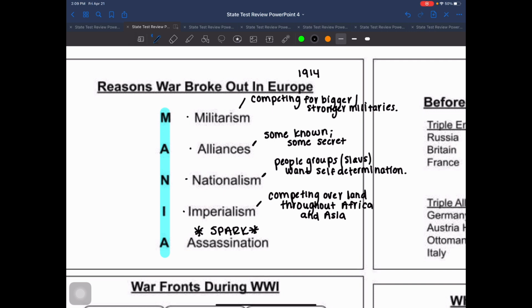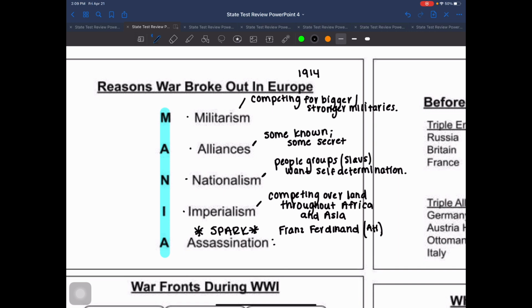Okay? As far as assassination goes, you need to know who was assassinated. His name was Franz Ferdinand, along with his wife, actually. He is going to be the heir, the next person in line to the throne, to the empire of Austria-Hungary.